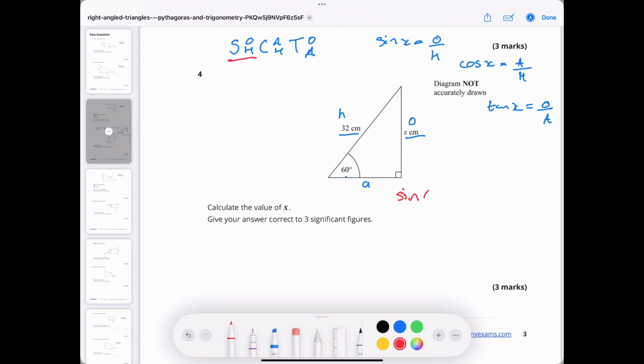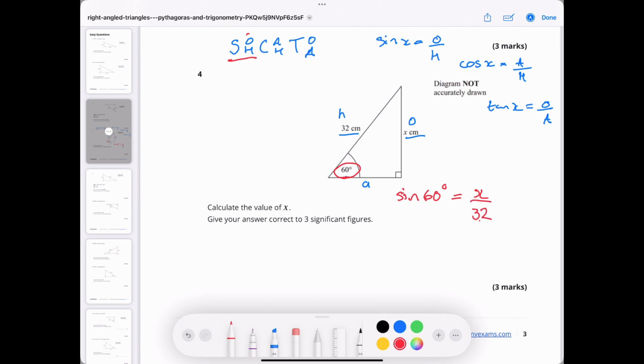of 60, and you always keep the angle next to the ratio, which is all that sine and cos and tan are. And I'll explain that a little bit more at some other point. So sine of 60 equals, then we put in O, so O is X, and then we put in H, which is 32.